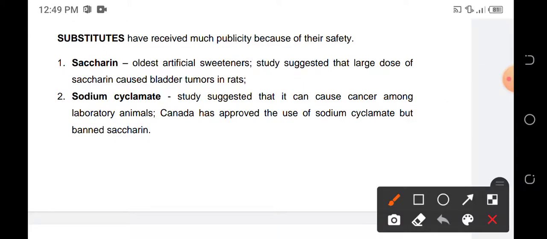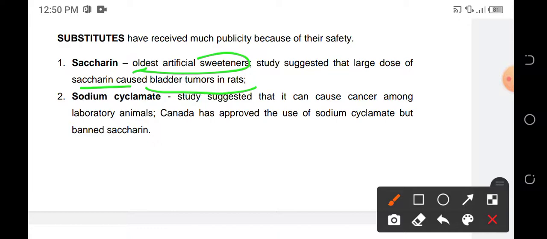They possess the same sweetness, but they don't contain the same amount of calories as compared to the table sugar. Now, saccharin is the oldest artificial sweetener. However, studies suggested that using a large dose of saccharin could cause bladder tumors in rats.